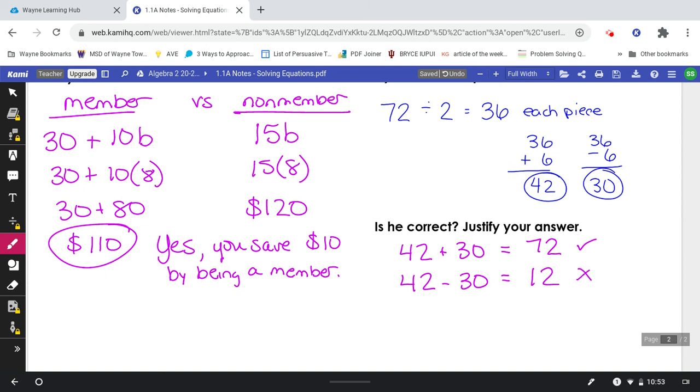So that's not correct. So your question says, is he correct? No. And you can say something like, the lengths of the strings are not 6 inches apart. Or something like, no, these strings are 12 inches apart.